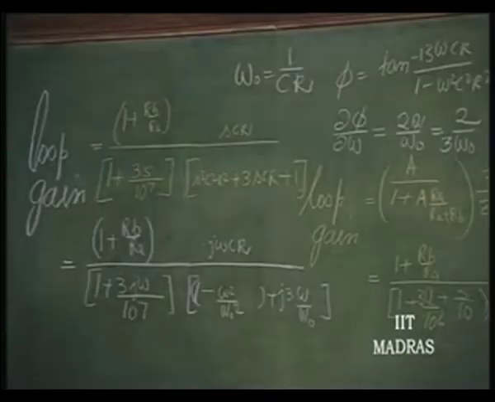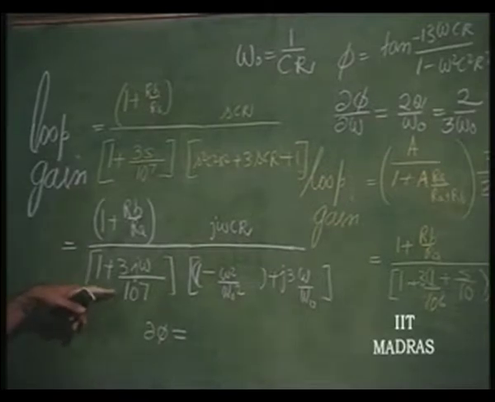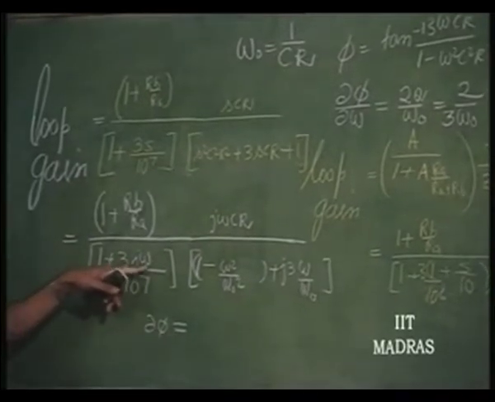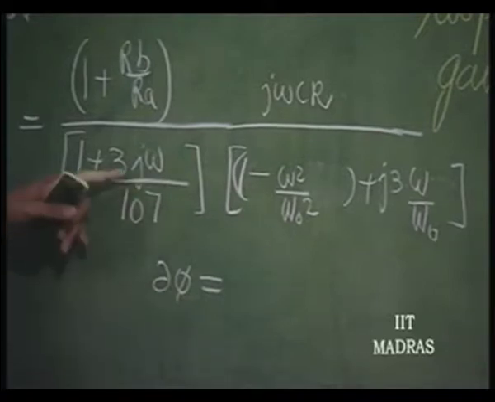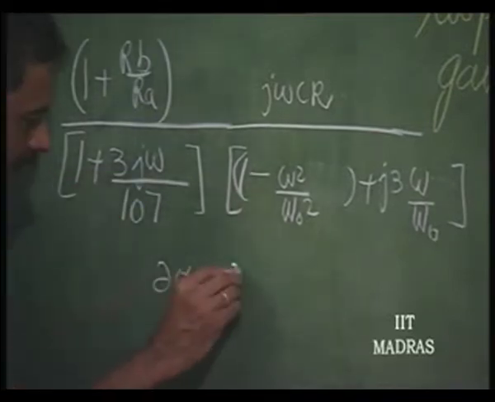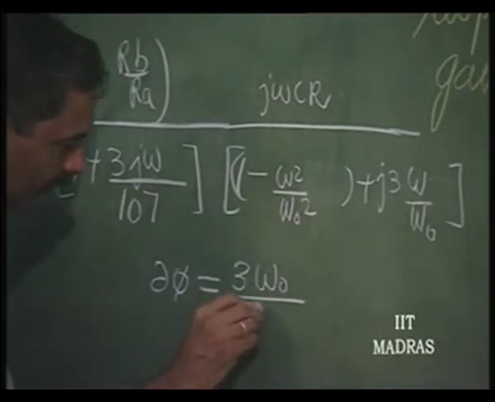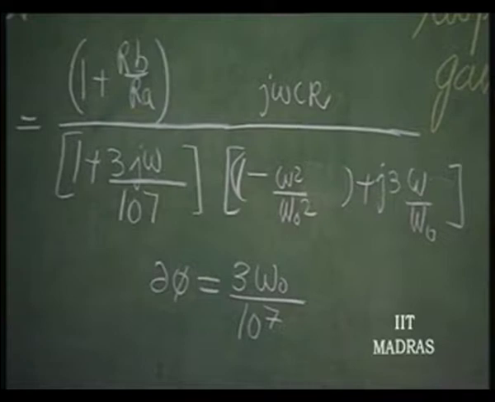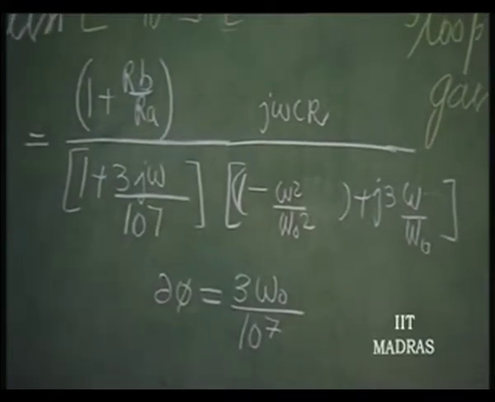Here the phase change delta phi required is straight away this, when phi is small. So, we can write delta phi as 3 omega naught divided by 10 to power 7. 3 omega naught by 10 to power 7 is the phase lead required.